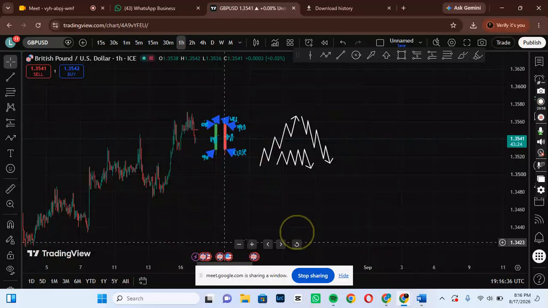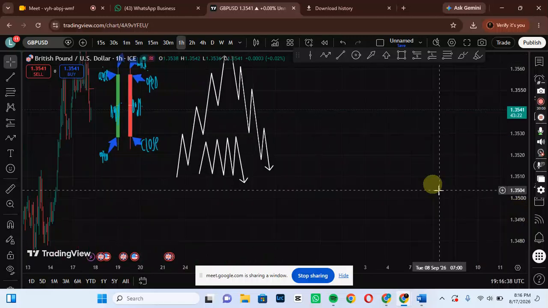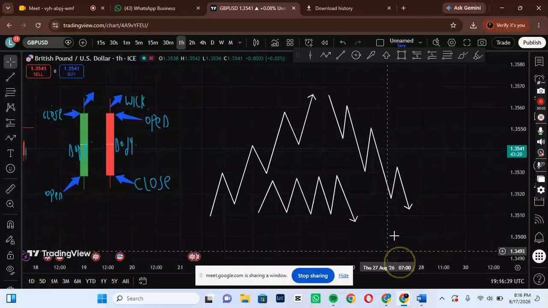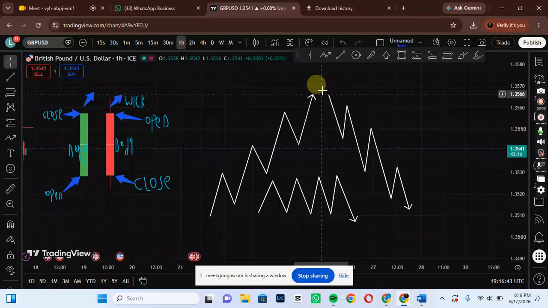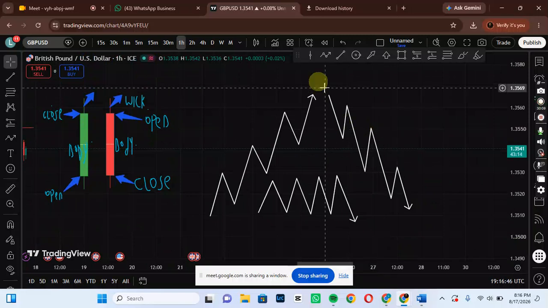So about the market structure, just like I said, we have an uptrend. Like I said, market structure has to do with movement in price. You understand?